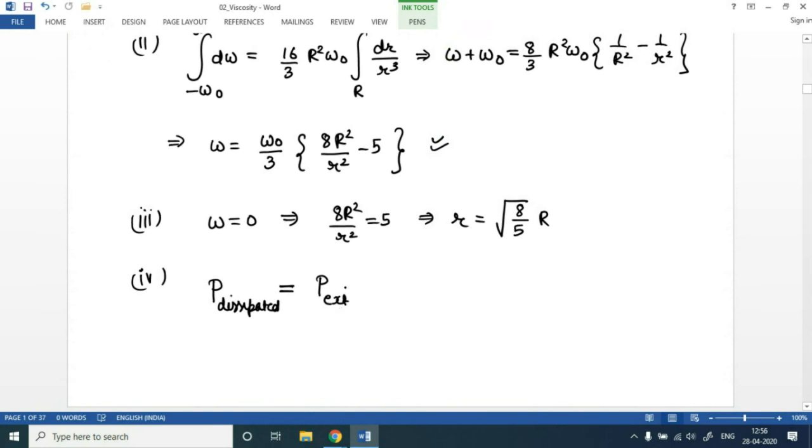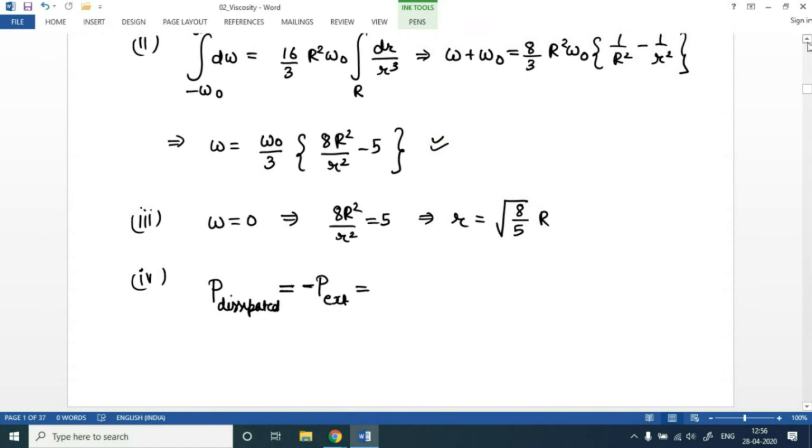Whatever is the work done by the external agent, the negative of the same work would be done by the viscous force, and that much amount of heat would be dissipated. So the dissipated heat basically is negative over here.